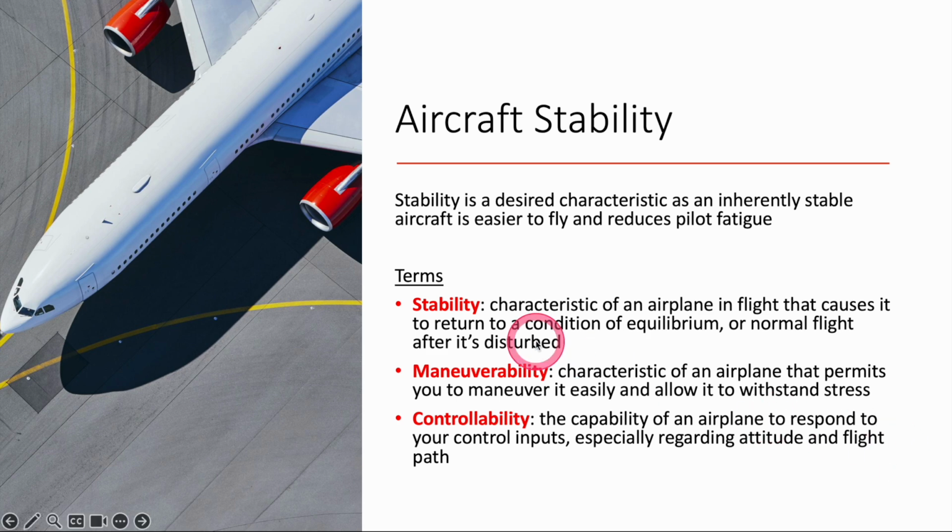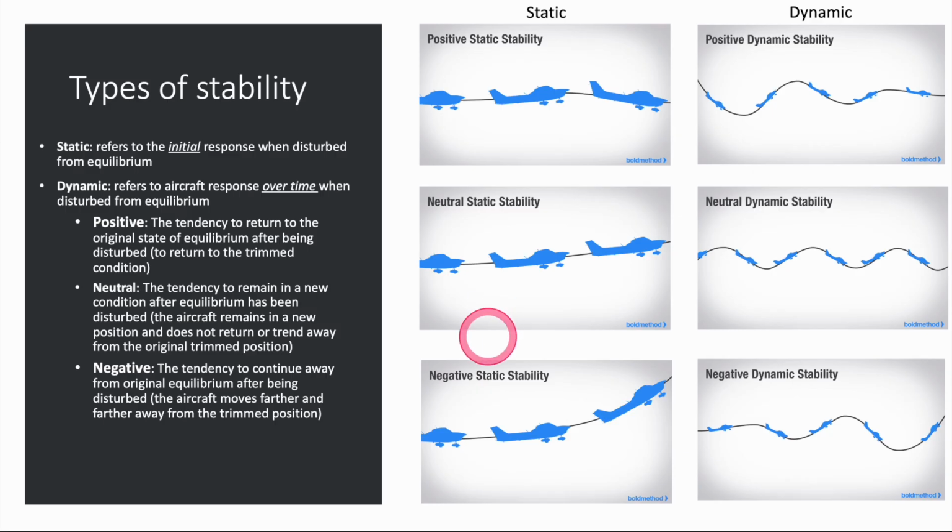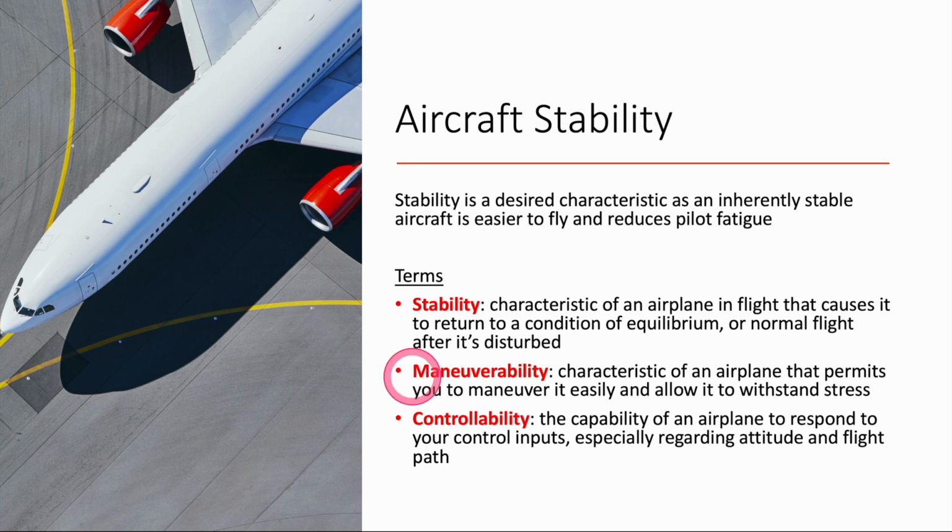Building off what I just said, stability, the actual definition, is the characteristic of an airplane in flight that causes it to return to a condition of equilibrium or normal flight. Oftentimes these two get confused, maneuverability and controllability. Maneuverability is how easily you can maneuver the airplane and it's going to withstand that stress. Something like a fighter jet is extremely maneuverable.